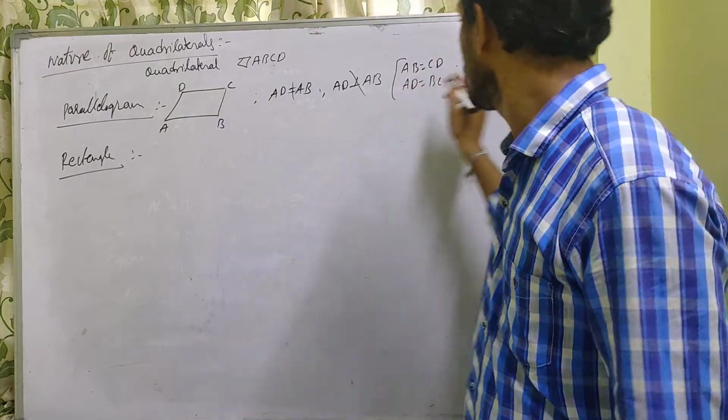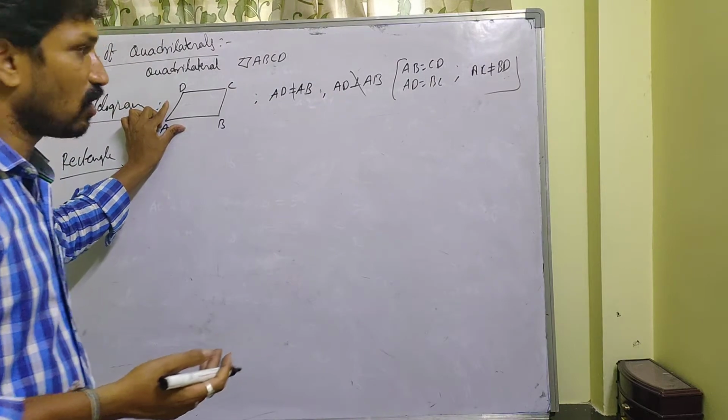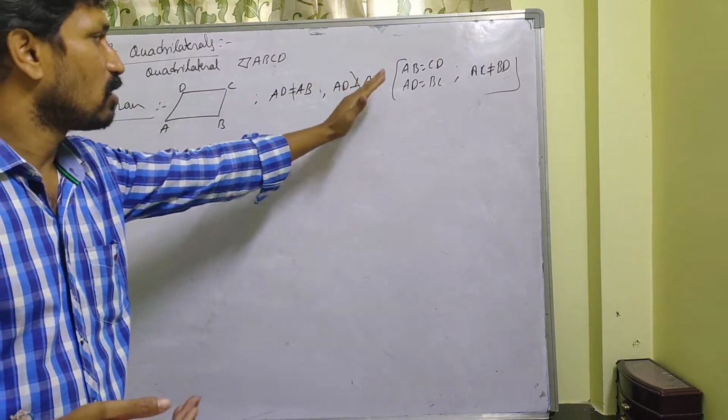Diagonals not equal. This is one method, already discussed in 10th class. The next method is adjacent sides are not equal and AD is not perpendicular to AB.